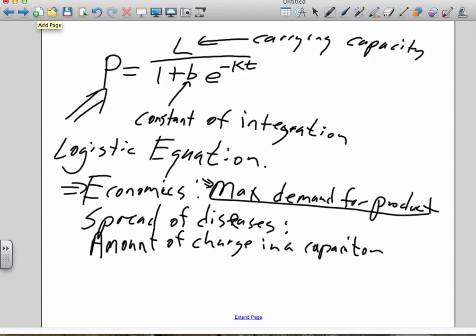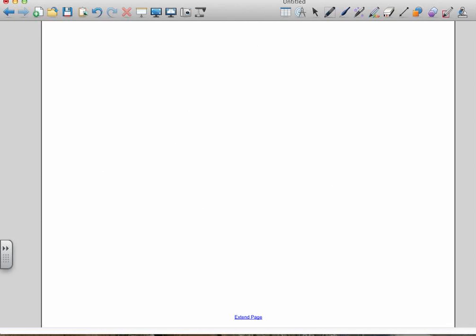Okay, so let's take a look at an example of how you're going to use these things. Okay, and this is a nice example. This is out of your book, but you can do this with anything.